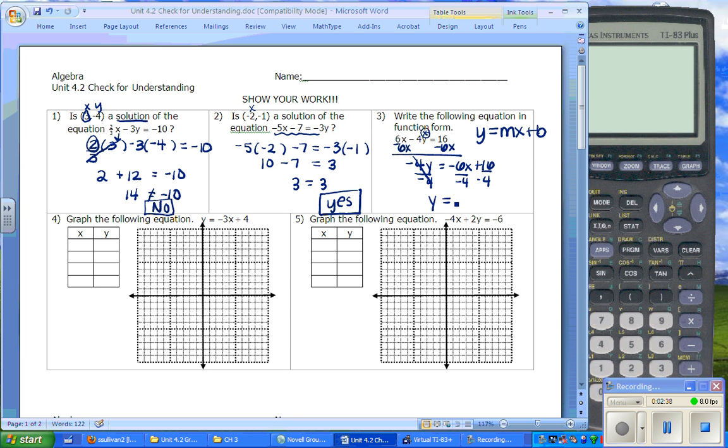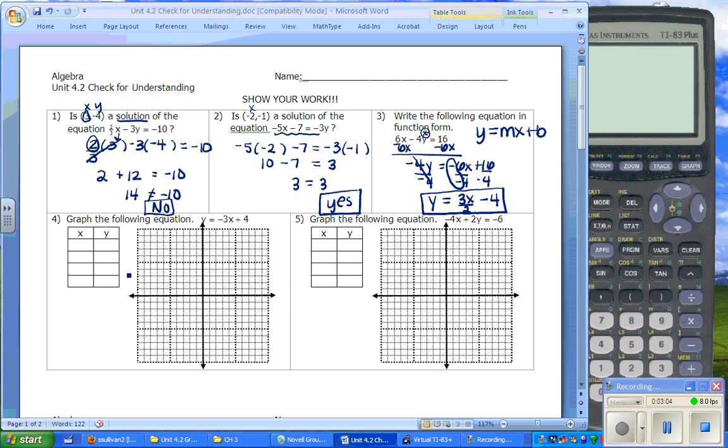We get y alone, which was our goal. Negatives simplify to positive, 2 negatives dividing. 6/4 will simplify to 3/2. And a positive divided by a negative is negative. So this right here would be function form. Once y is alone, it's what we call function form.